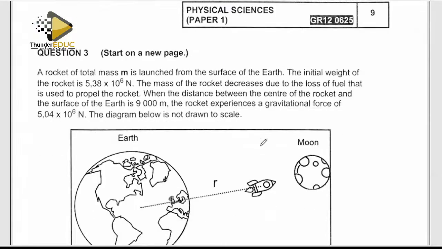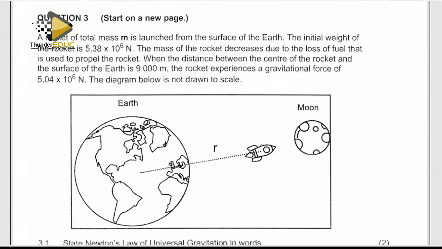Question number 3. A rocket of total mass m is launched from the surface of the Earth. The initial weight, remember we're talking about weight, is 5.38 times 10 to the 6 newtons. The mass of the rocket decreases due to the loss of fuel that is used to propel the rocket.